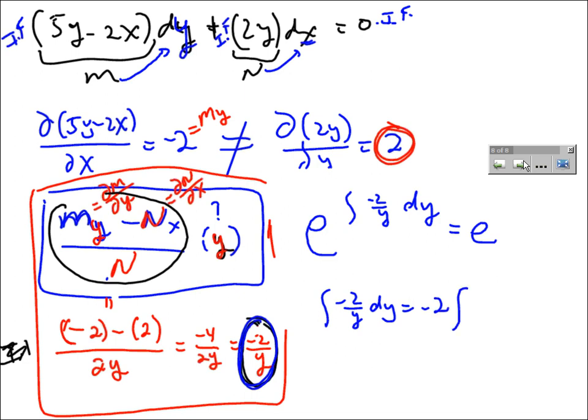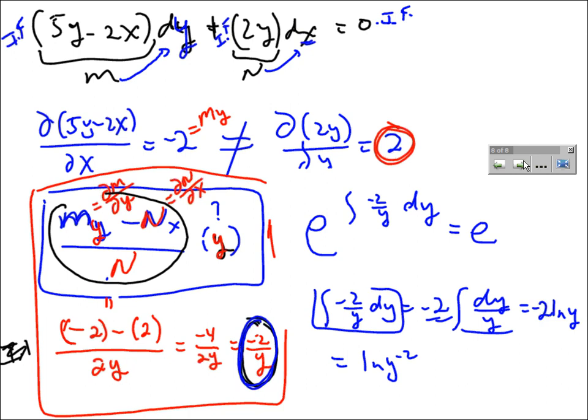Well, if you factor out the 2, you get the integral of dy over y. Well, I know that integral is ln of y. Negative 2 times ln of y. But that negative 2 can go up as the power. So the integral is ln of y to the negative 2.